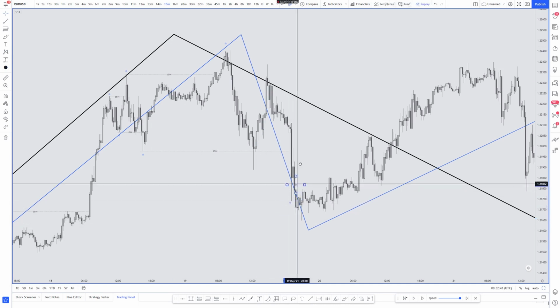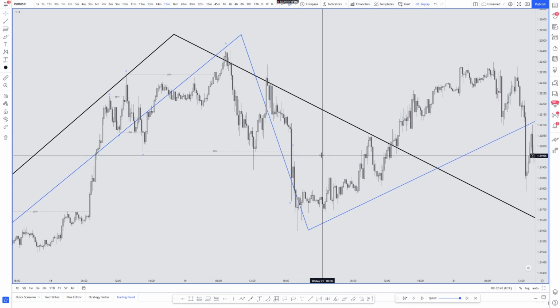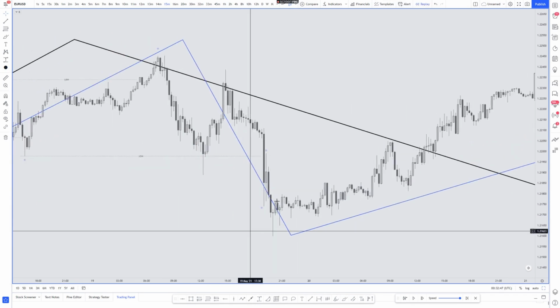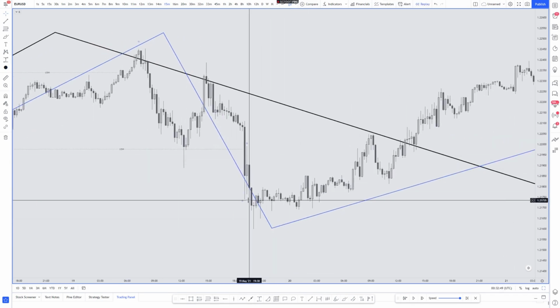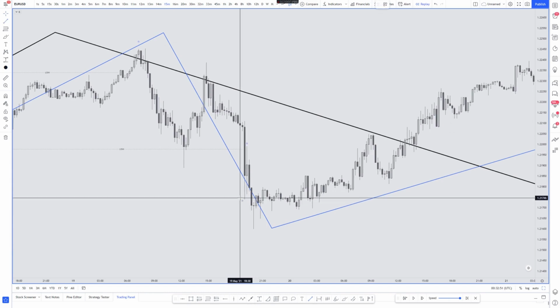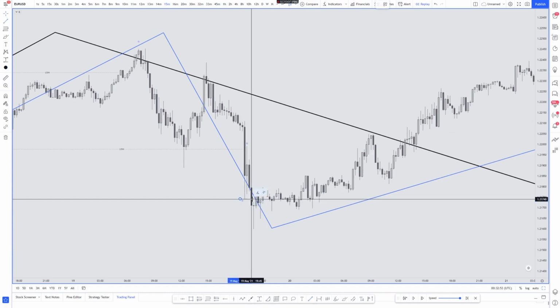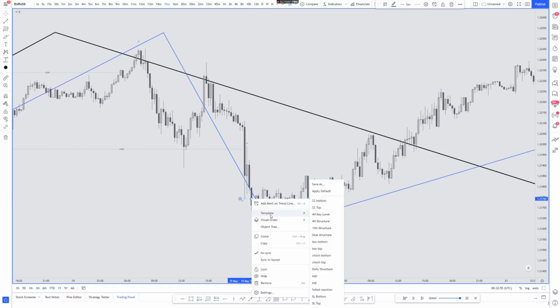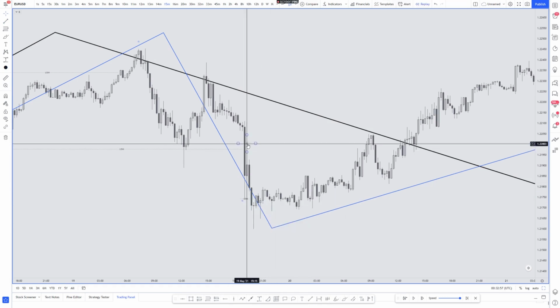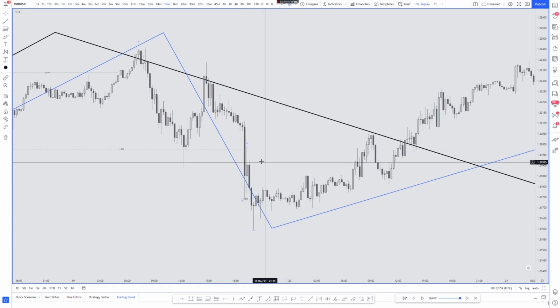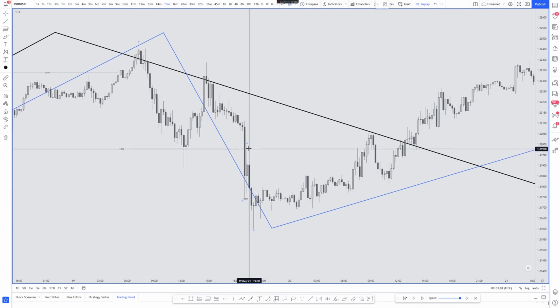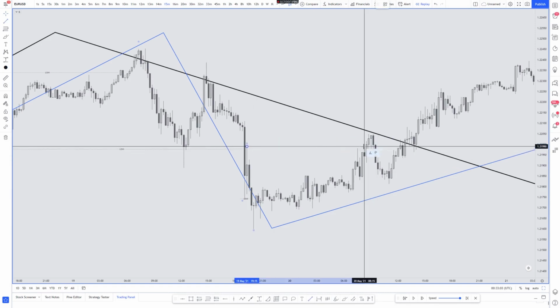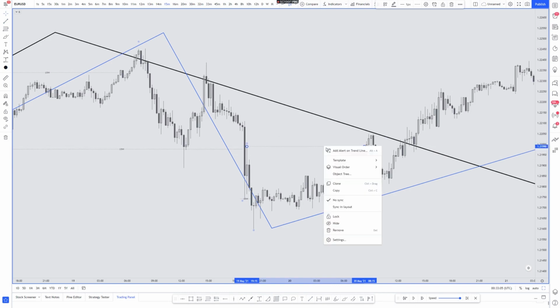So this is enough of a pullback to be classed as structure. Again, I don't love this as structure, but it is structure. So now we don't have any structure till this high goes, and this high goes over here.